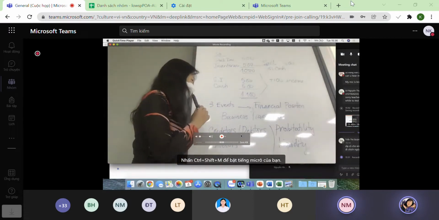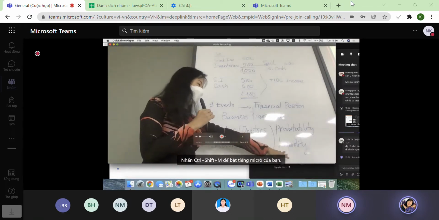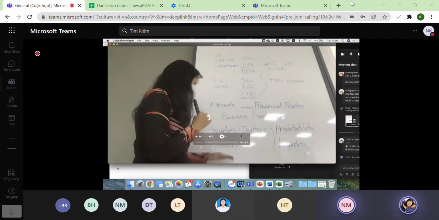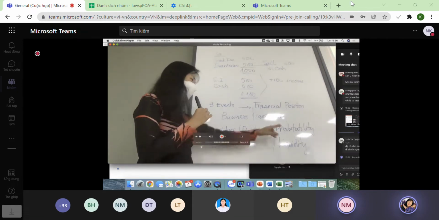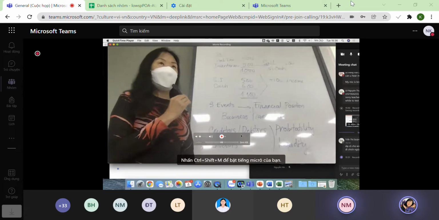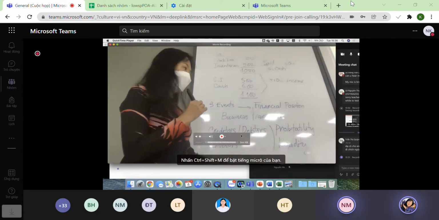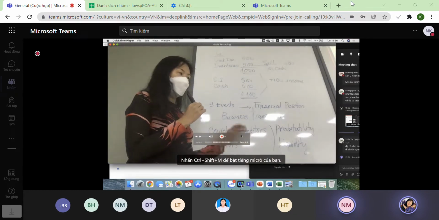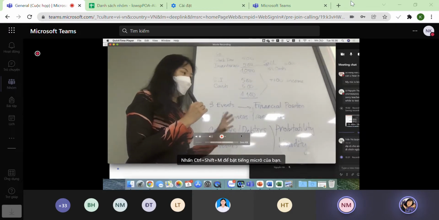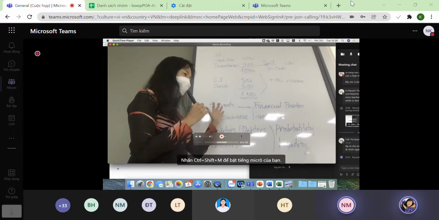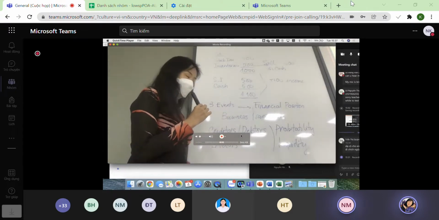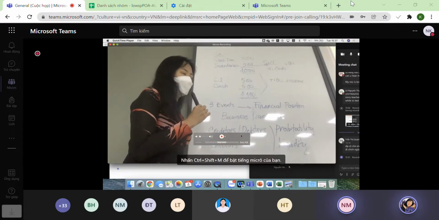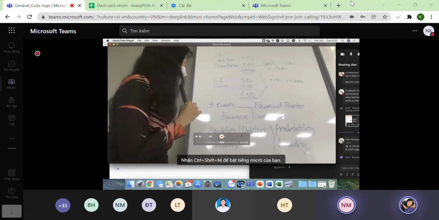For example, creditors and debtors care more about the liquidity of the company, while investors care more about the profitability of the company. So we have two main parts of information that the financial accounting system needs to process and communicate to external users.